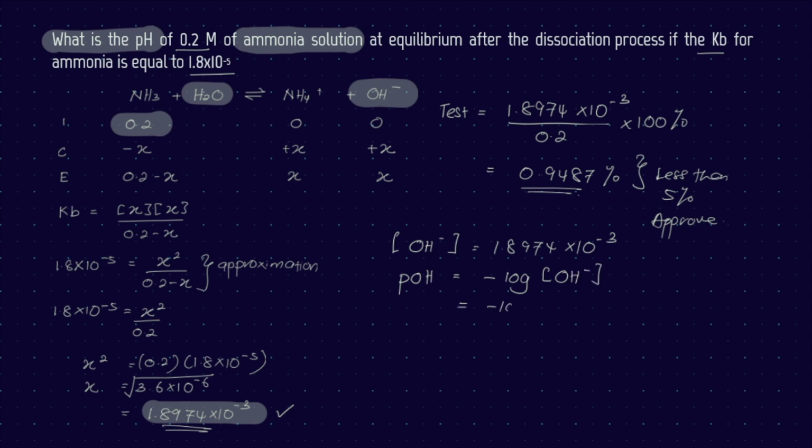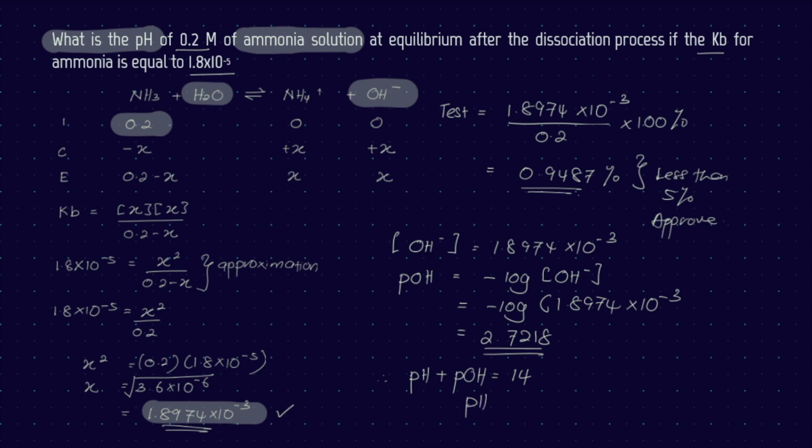So negative log 1.8974 times 10 to the power of negative 3 should be equivalent to 2.7218.